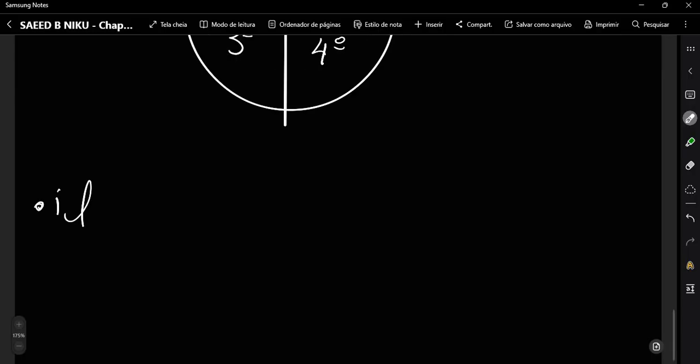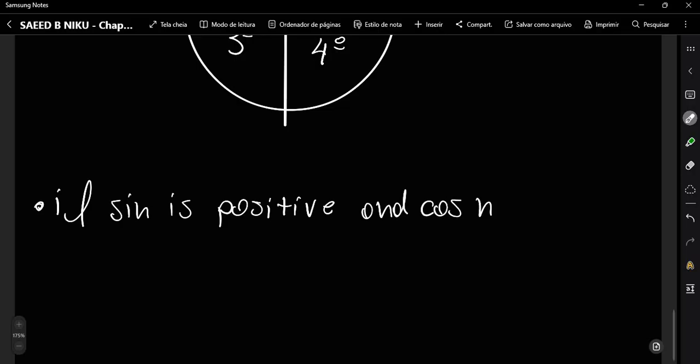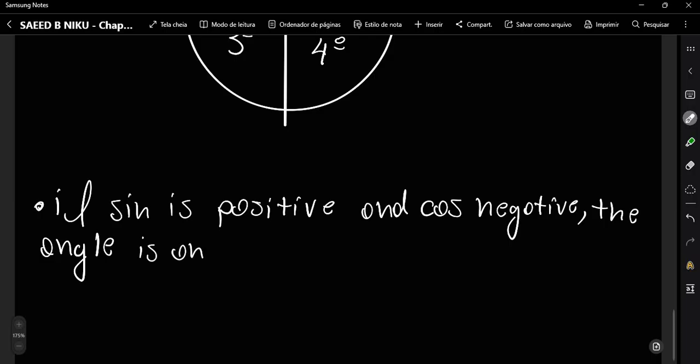If sine is positive and cosine negative, the angle is on the second quadrant.